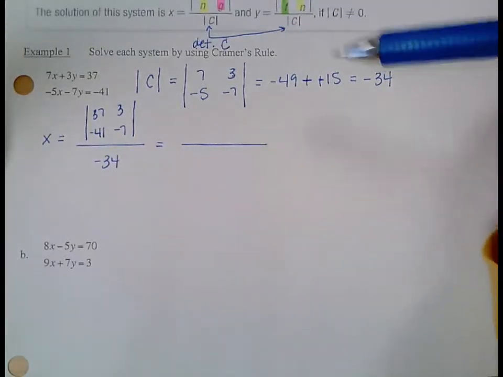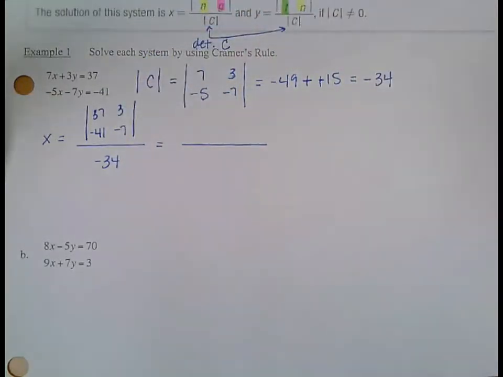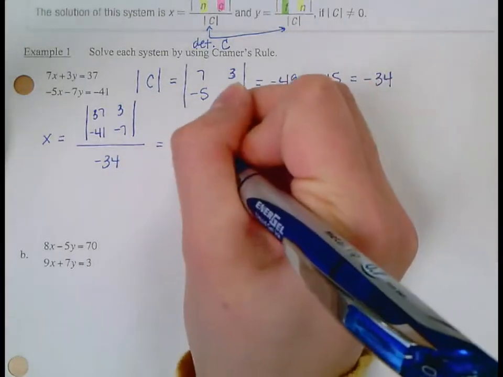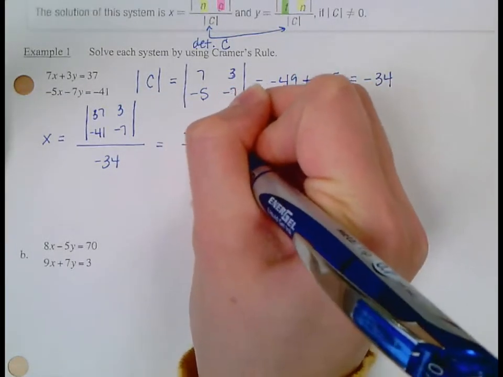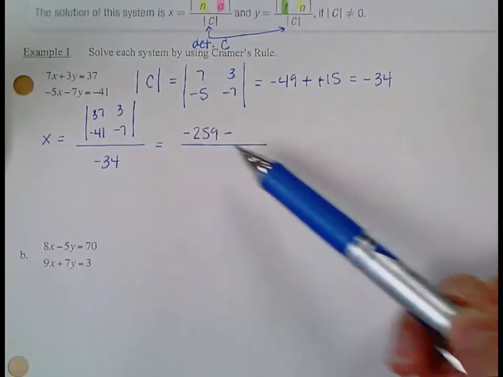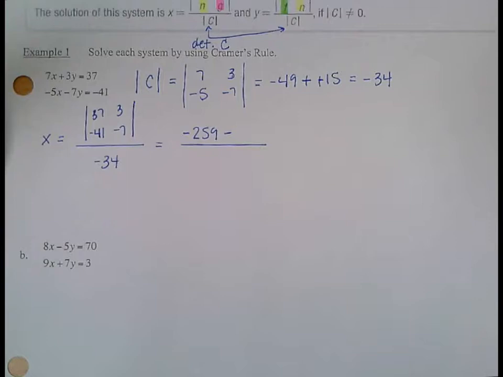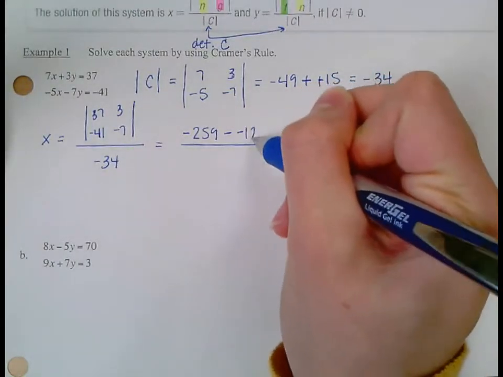Just like we found the determinant for the matrix C. So I have 37 times negative 7, negative 259. Minus the other diagonal product, 3 times negative 41, is negative 123.